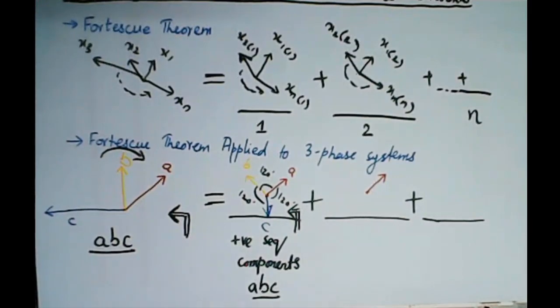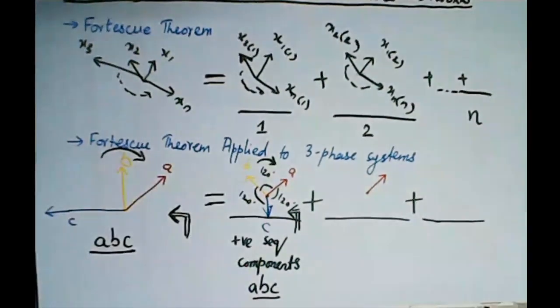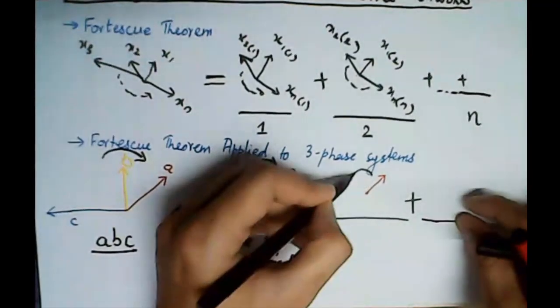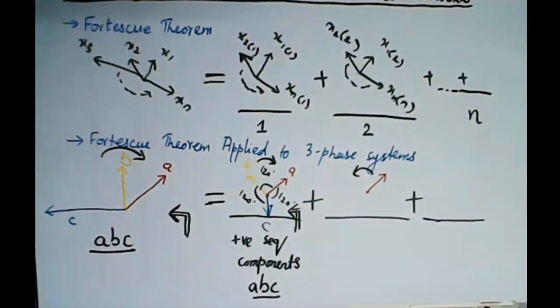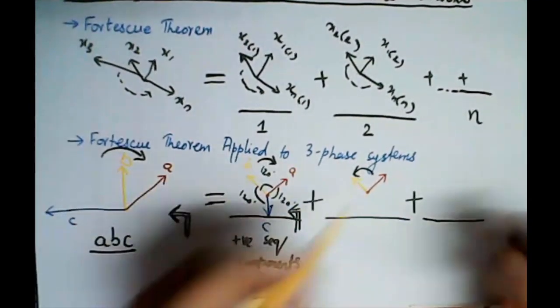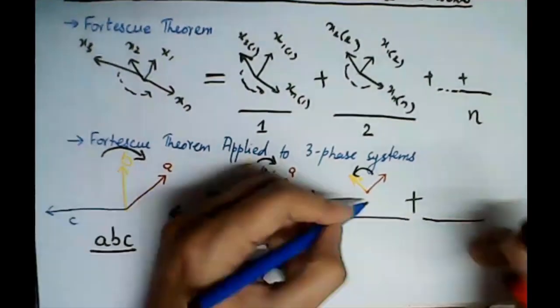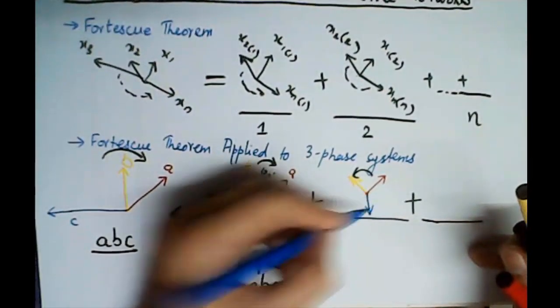Here, this one is also rotating clockwise, but now the direction of rotation would be opposite, anti-clockwise. Red, yellow, these are all balanced, and blue.